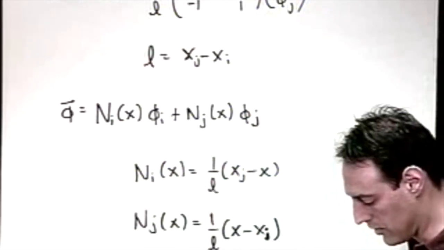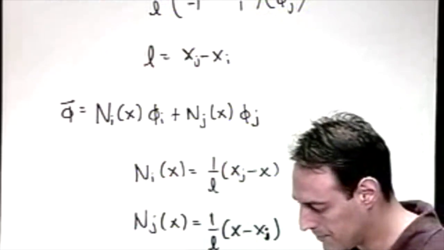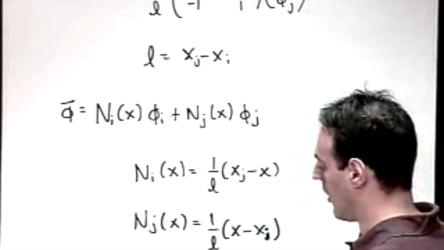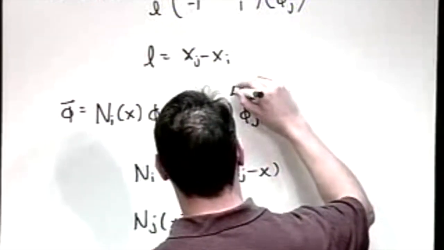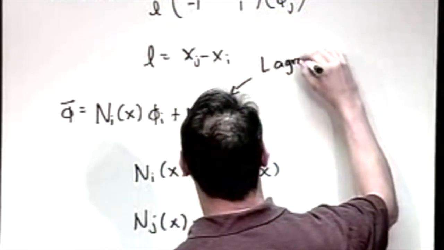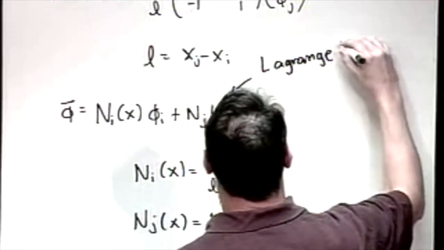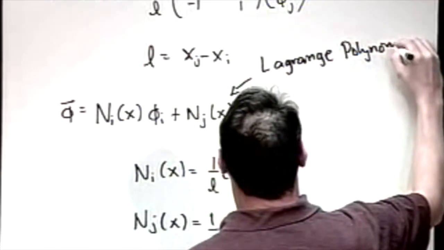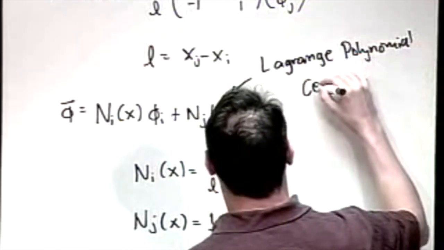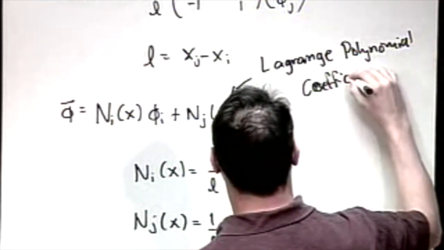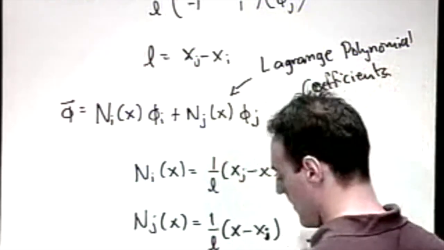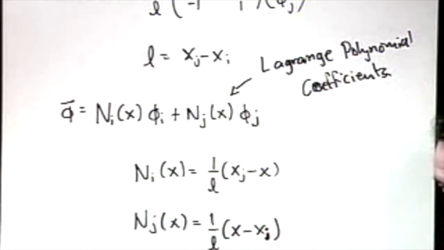And these coefficients are what are called the Lagrange polynomial coefficients. It turns out they are very nice computationally to work with. And that's the way we represent that function.